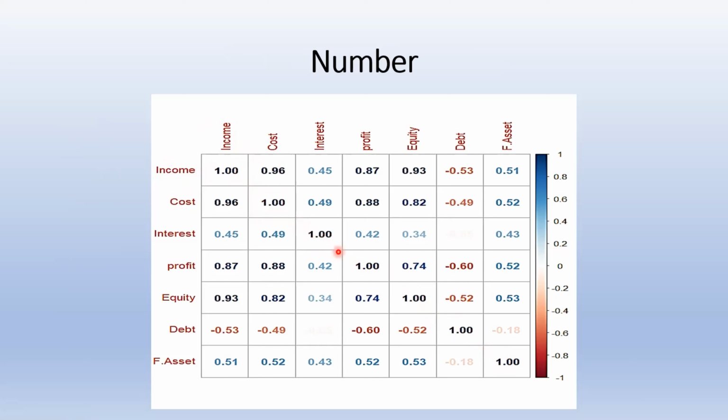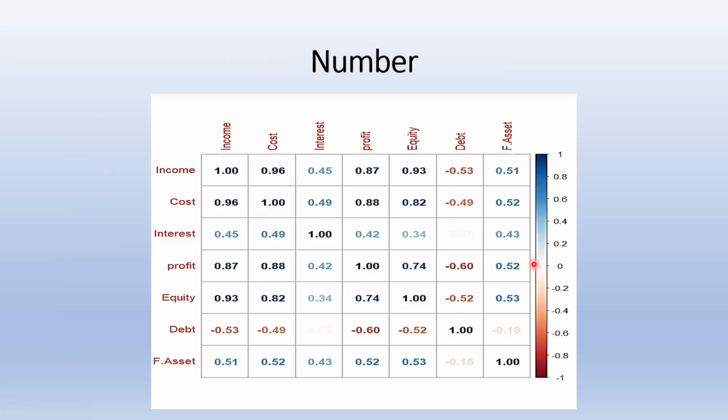And if you can see, the color is very dark blue for this diagonal because the number is positive one. Now if we start from 0 to 1, you can find the color is becoming darker as we go to positive 1. So at +1, the blue color is darker.